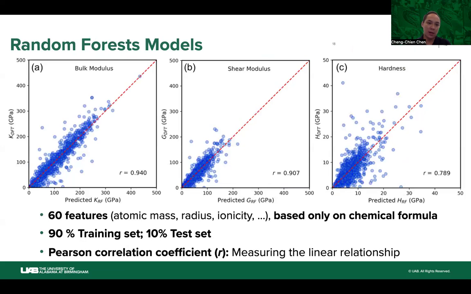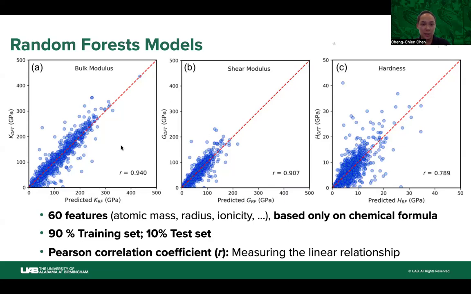So these are the results of our random forest models. What I'm plotting on the vertical axis are the density functional theory calculations for the bulk, shear, and hardness values, which we consider as the ground truth. On the horizontal axis are the predicted machine learning values.